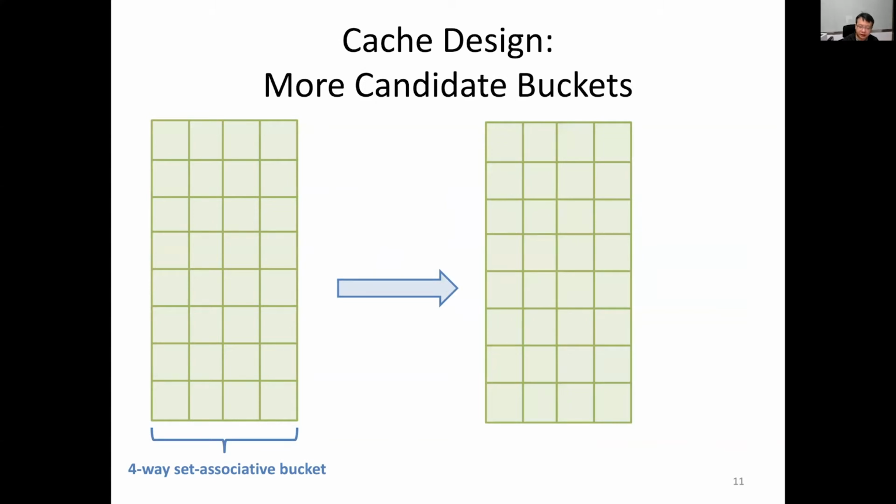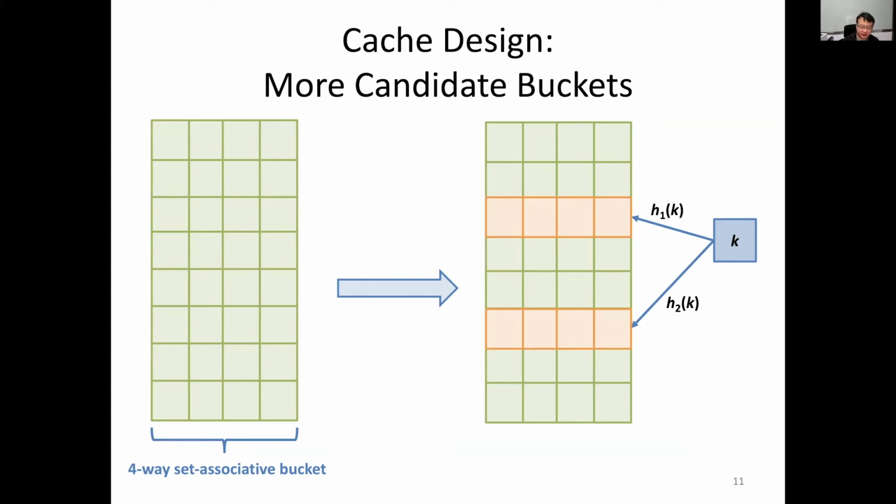So another way to increase the cache hit rate is to use not only one but 2 hash functions. For example, to look up a key k, we can use h1(k) and h2(k) to find 2 different buckets for k. Now, to look up a key k, we can compare it against all the 8 keys in h1(k) or h2(k).